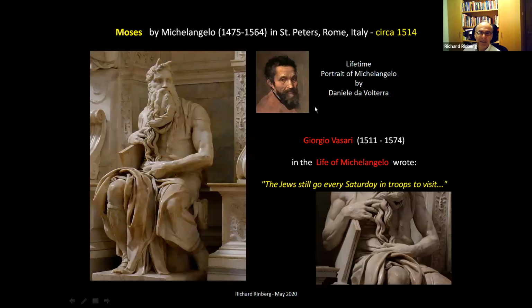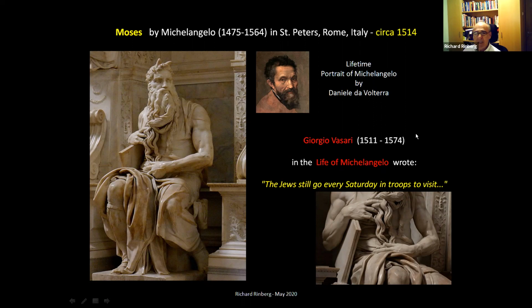I just look at it and they really look like peas in a pod to me. And Moses is holding the luchot in his right hand, and he's looking to the left, and you can see the horns here. And there are different views about what this actually represents. Looking to the left, maybe he's seen the golden calf and he's about to smash the luchot.